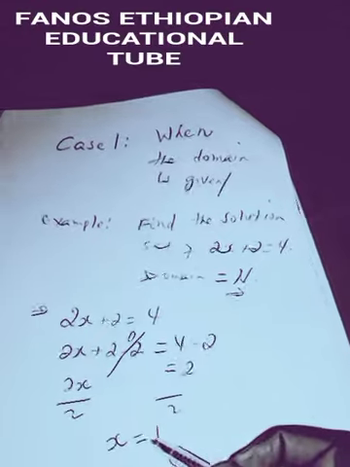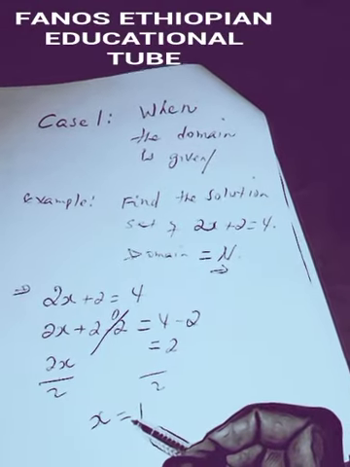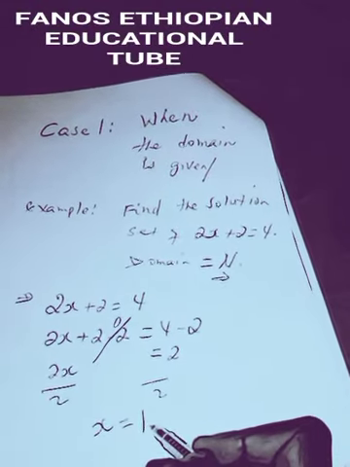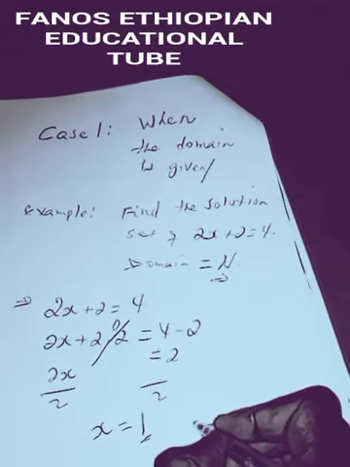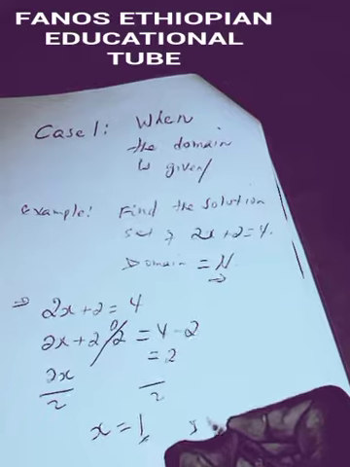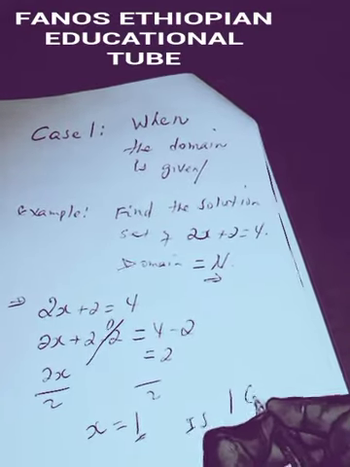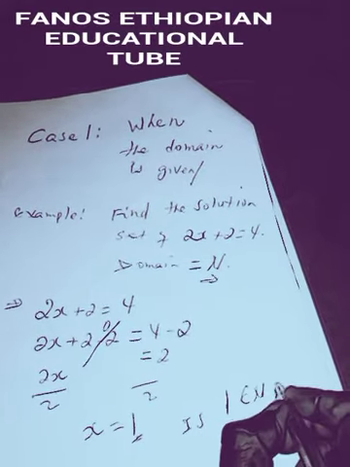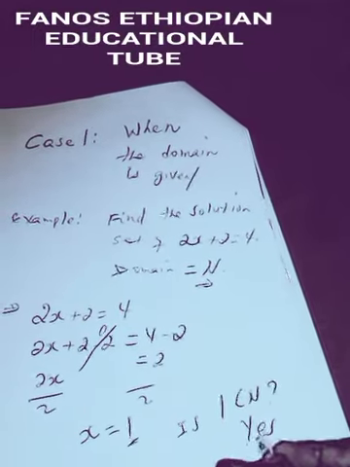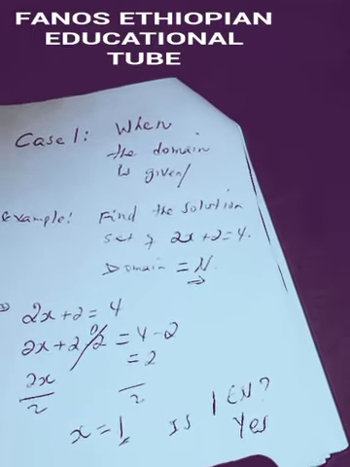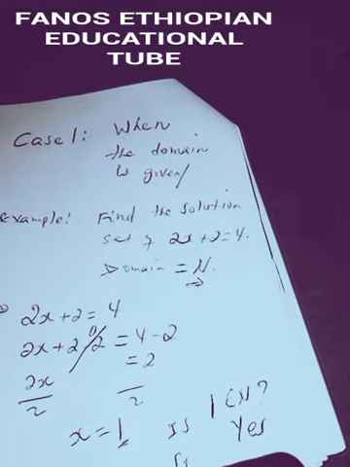And then our next step in a restricted domain is checking whether the value of x is in the given domain. So the question is: is 1 an element of the natural numbers? Yes. Therefore, our solution set is {1}.